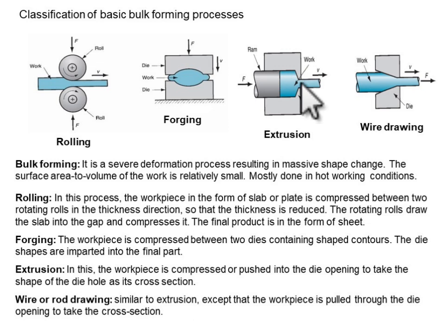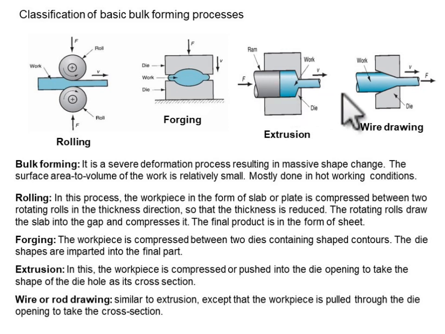So the material will take the shape of this die opening. This can be a round shape, this can be, you can say, pentagonal, anything. It can be square. It totally depends on this opening shape. Now remember, we are pushing the material in extrusion process.